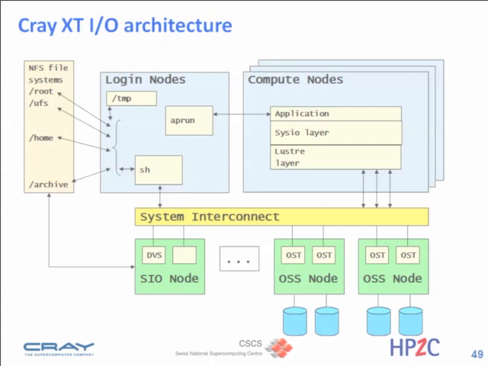So your application, you run aprun on the login nodes, then you have the application running on the compute nodes, and then you have some software components. For example, you write a file on the Lustre file system.